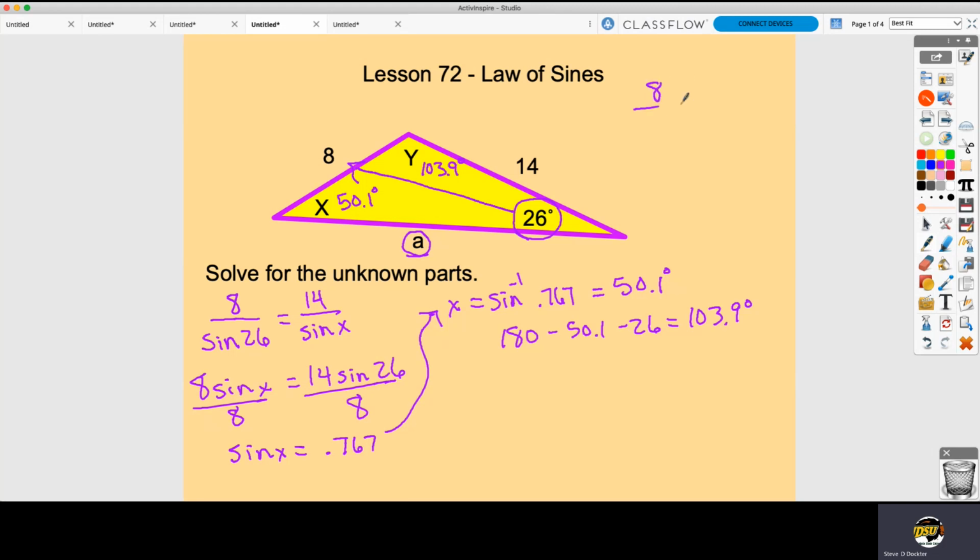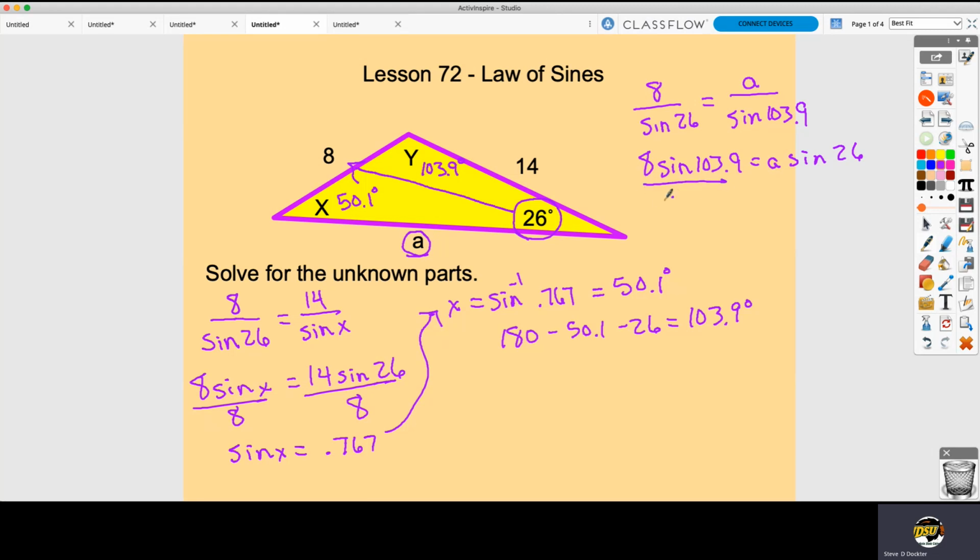So if we do law of sines with that, we're going to go 8 over sine of 26 equals our side length a over sine of 103.9. And then we do all the same stuff. We're going to cross multiply here, and then this time we're going to try and get a by itself.